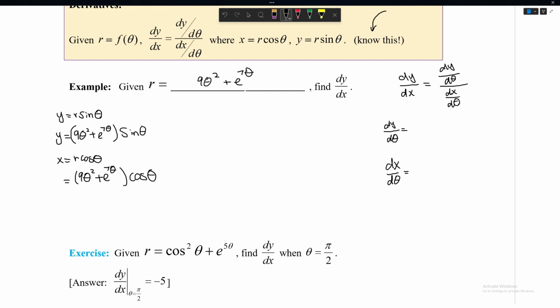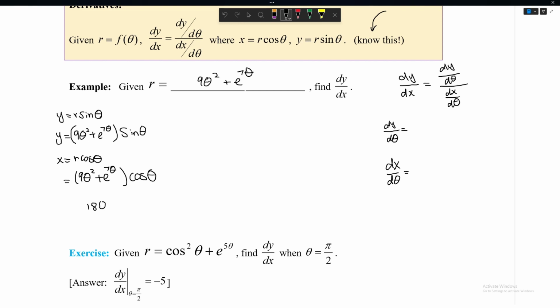My 9 theta squared, this is my y, goes at the top, nice. So this turns into, first you derive the first, you leave the last, this is the product rule. When we derive this, the 2 comes down, so you get 2 times 9, which is 18.